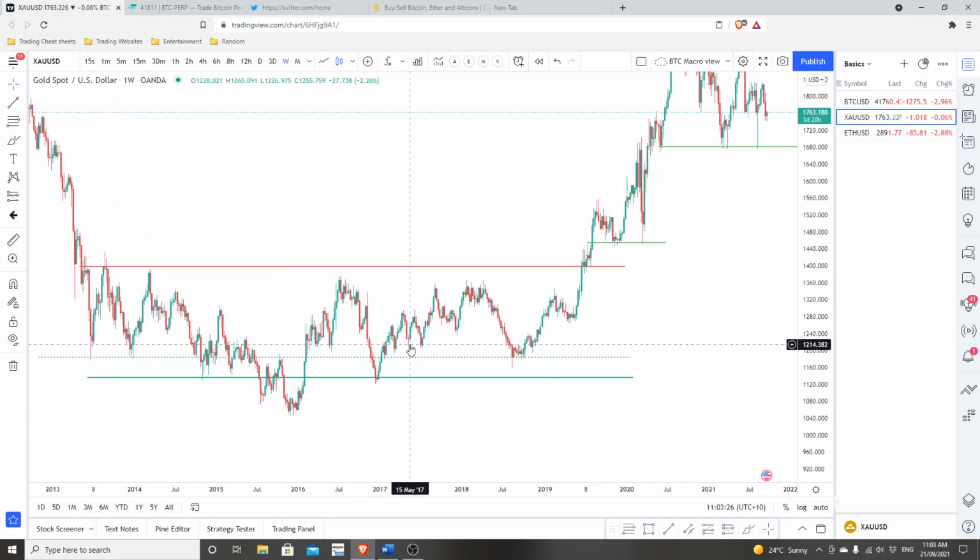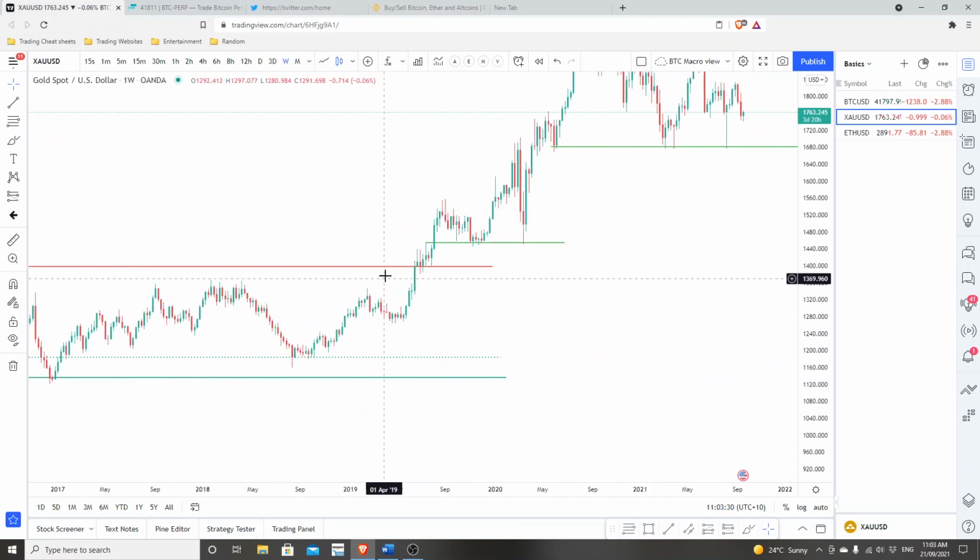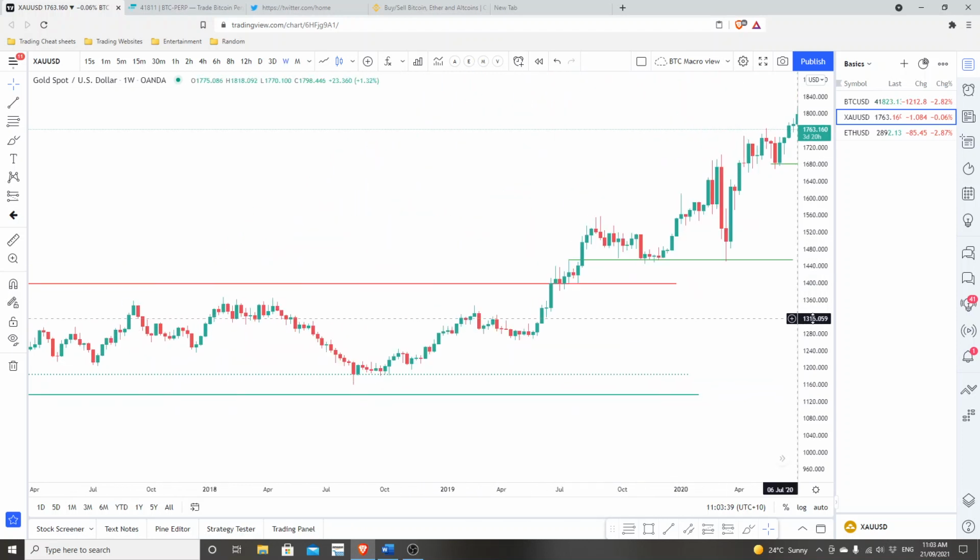And after it breaks, remember this is a weekly chart, so we've broken higher the first week. We come back in but stay higher the second week on this red bar. Close higher again, move away. So we're now 4 weeks in, and we retest that previous resistance, which is now support.